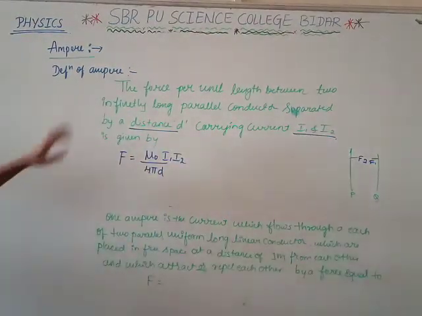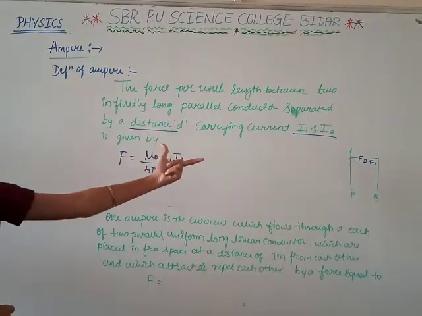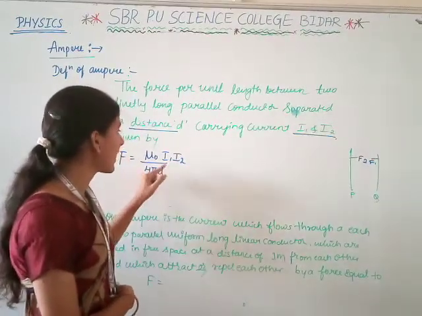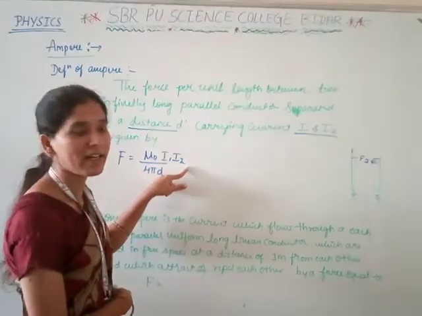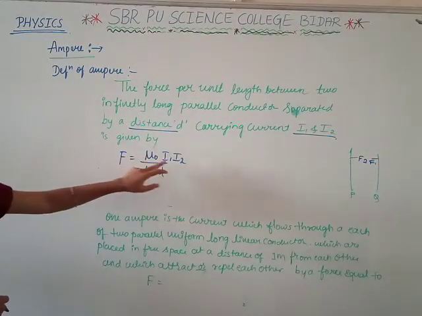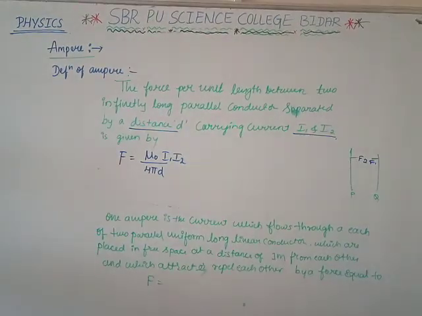The definition of the ampere says that two parallel conductors separated by a distance d carrying currents I1 and I2 give F equals mu naught into I1 into I2 divided by 4 pi d.